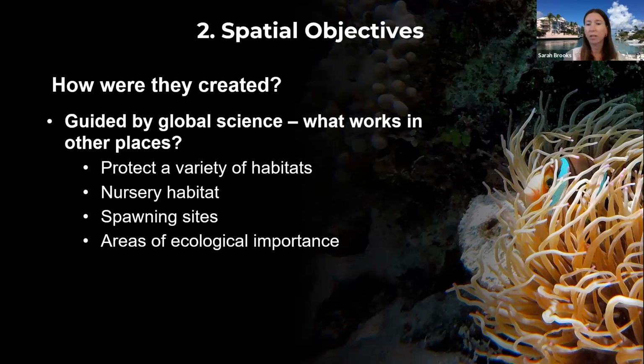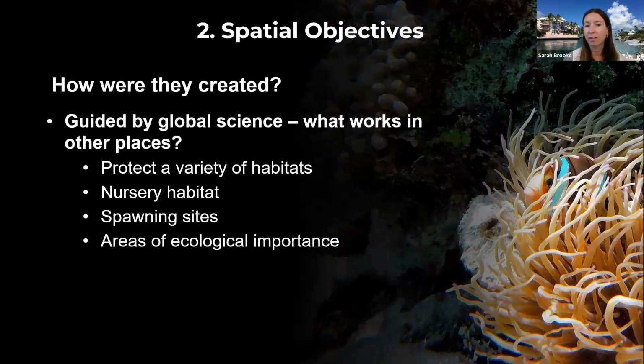And before I tell you exactly what those objectives are, I'd like to just spend a moment to tell you how they were created. So the first thing we did was that we looked at the global science. We looked at where protected areas had been implemented in other places, and we looked at what worked and what didn't.